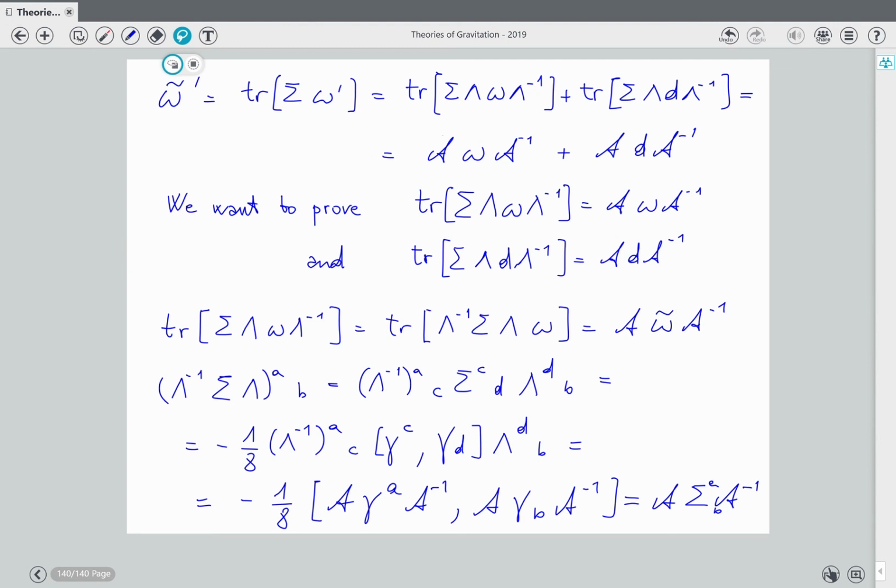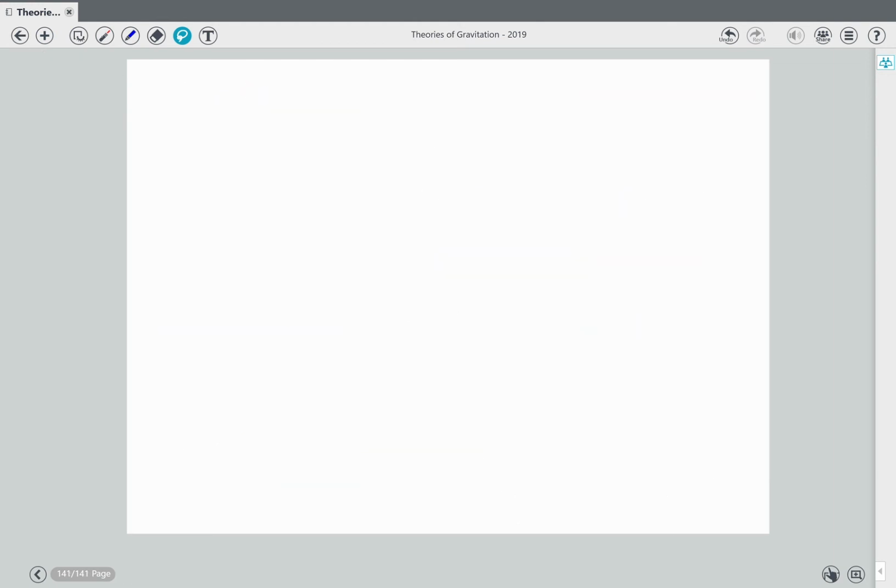The other one is a little bit more tricky. But we can do it because there is a proof that is relatively simple. It involves some identity, but once we have done it, so let's do it.